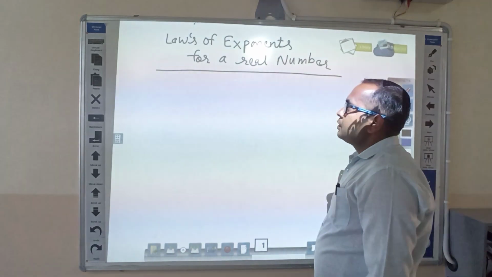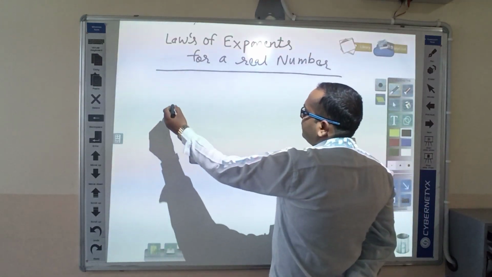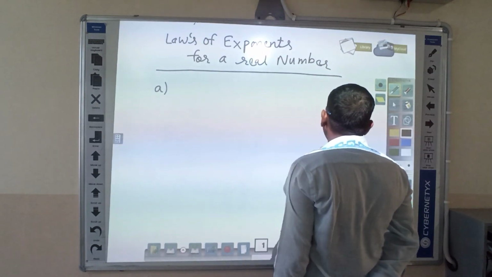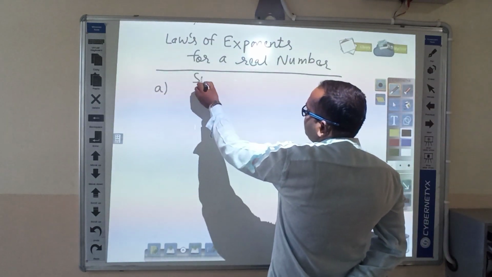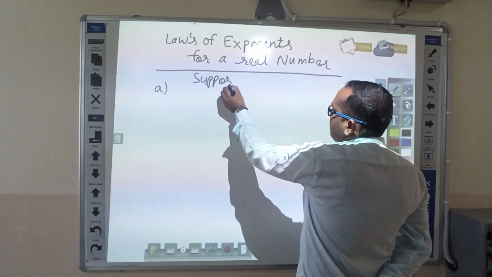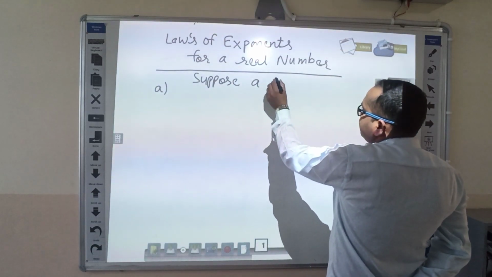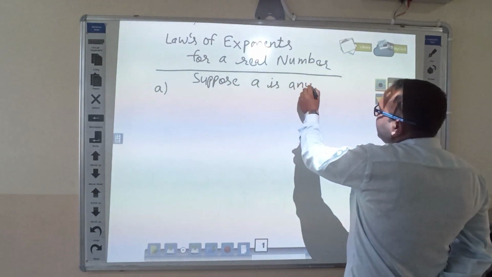Now we know the laws of exponent. The first law of exponent is: suppose A is any real number.